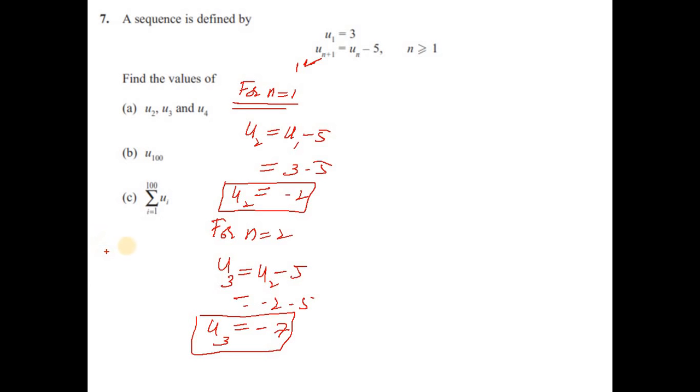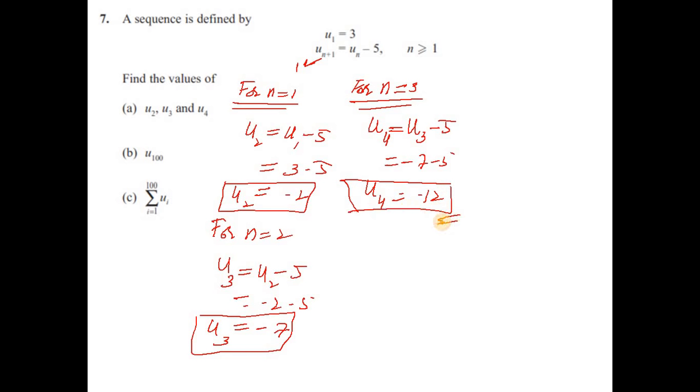And then u4, for n equal to 3, u4 is equal to u3 minus 5. So minus 7 minus 5, u4 is equal to minus 12. These are the values of u2, u3 and u4.